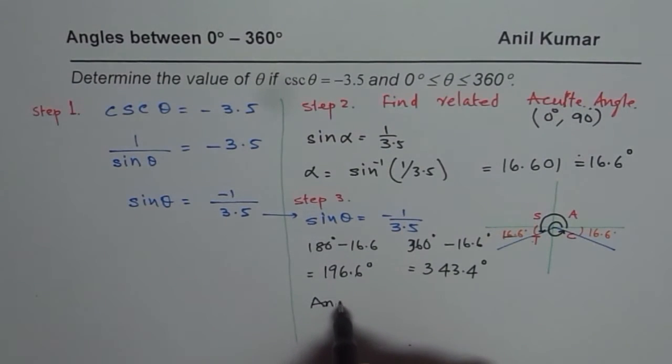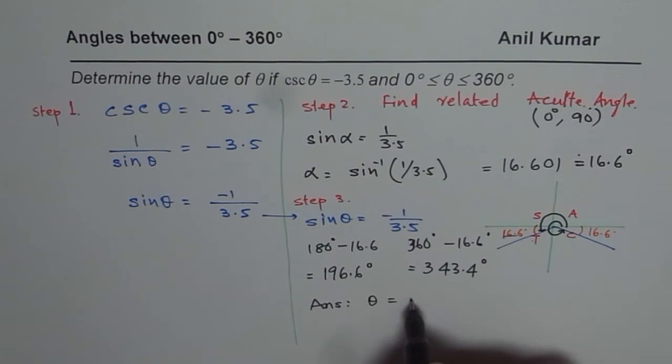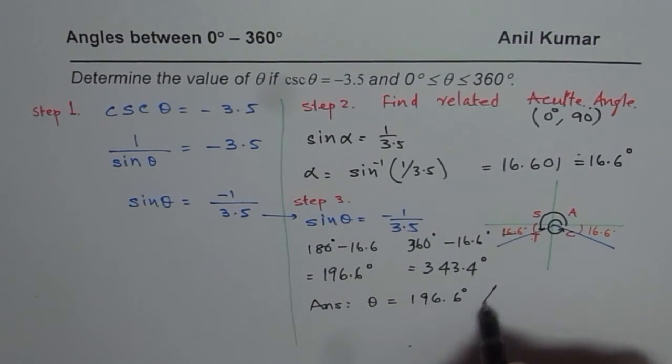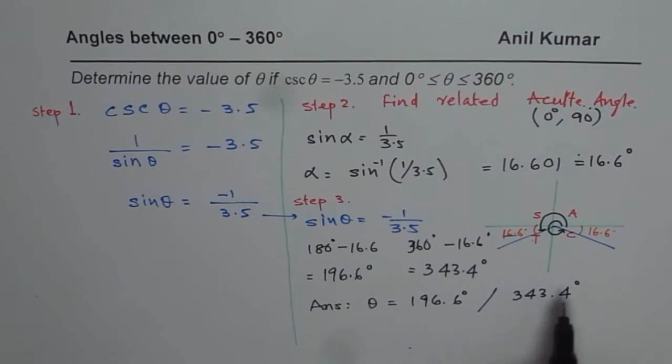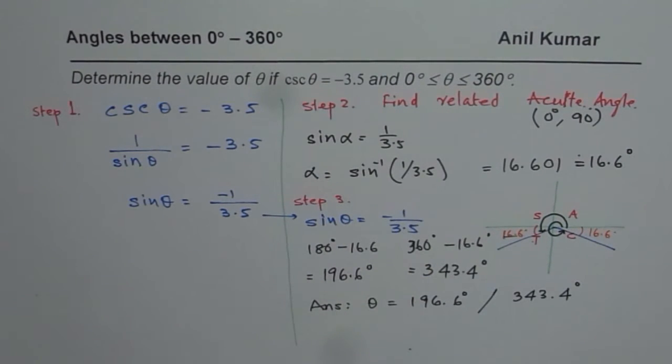So let's write down the answer. That is our step number 4. Write your answer clearly. So theta equals 196.6 degrees and 343.4 degrees. As you can see, these are the 2 possible values between 0 and 360 degrees, right?